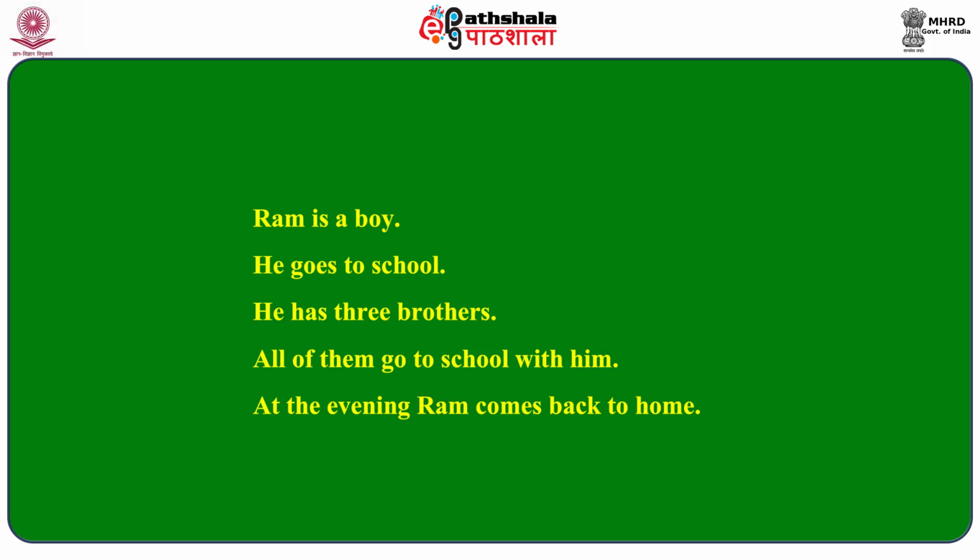If we look at such a simple construction, in the first sentence, Ram is a boy, he goes to school. In the second sentence, he actually refers to Ram and nobody else. So we need to identify a strategy so that the pronoun he in the second sentence is linked to Ram.